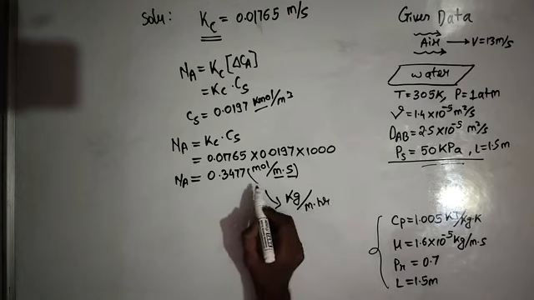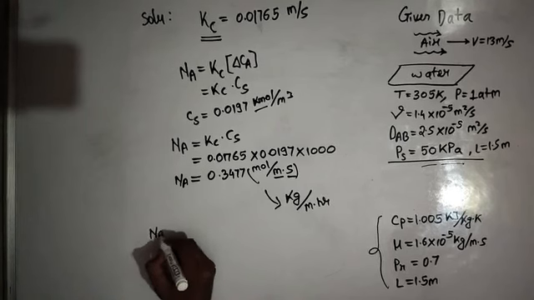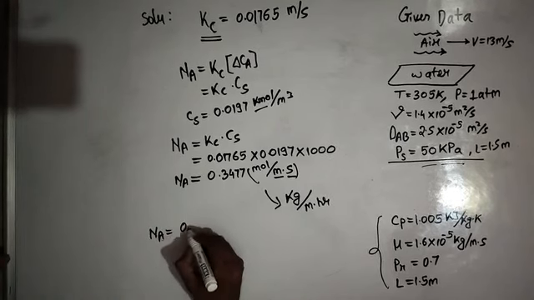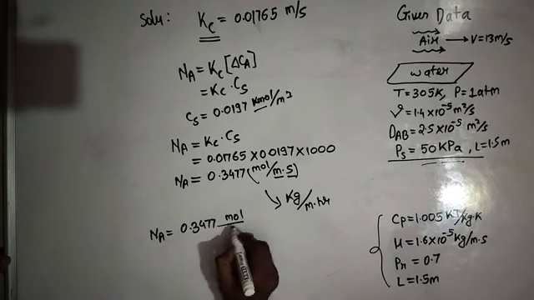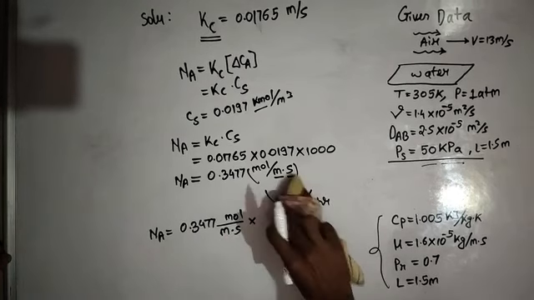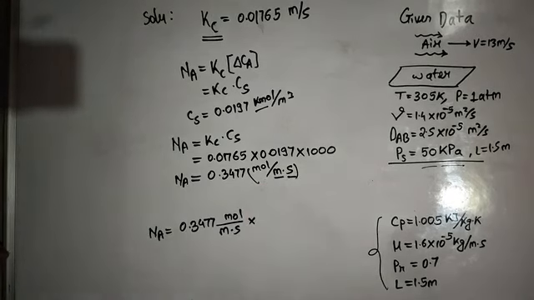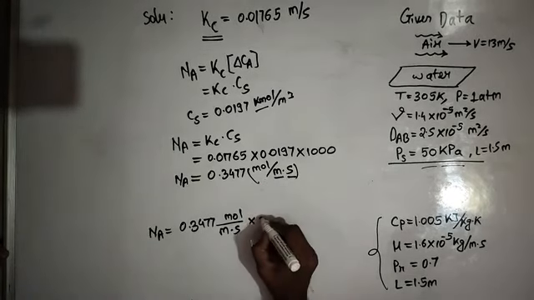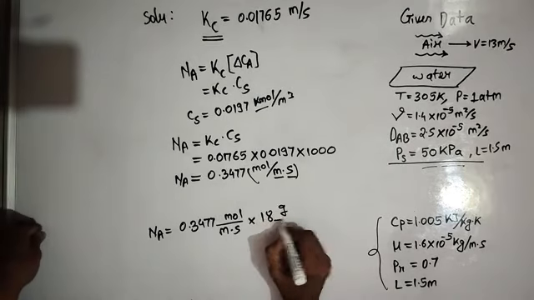So to convert this unit, we have to multiply this value by the molecular weight of water, which is 18 gram per mole.